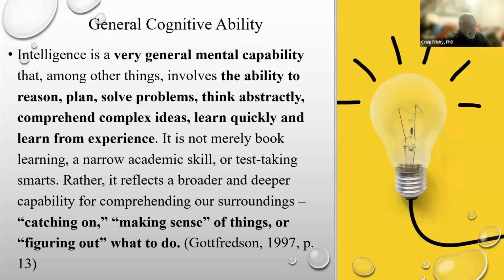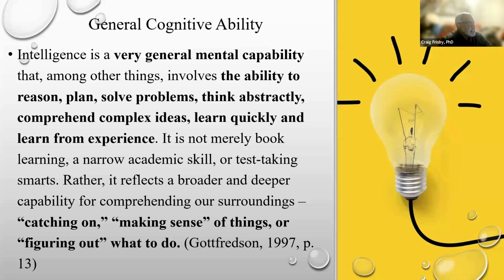Now, this slide basically gives us a definition of general mental ability. There are many definitions that you've come across in your graduate school work and possibly in your in-service work. This is just one that I particularly like because it gives us a general idea, so I'll go ahead and read it. This is from a Gottfredson article in 1997.